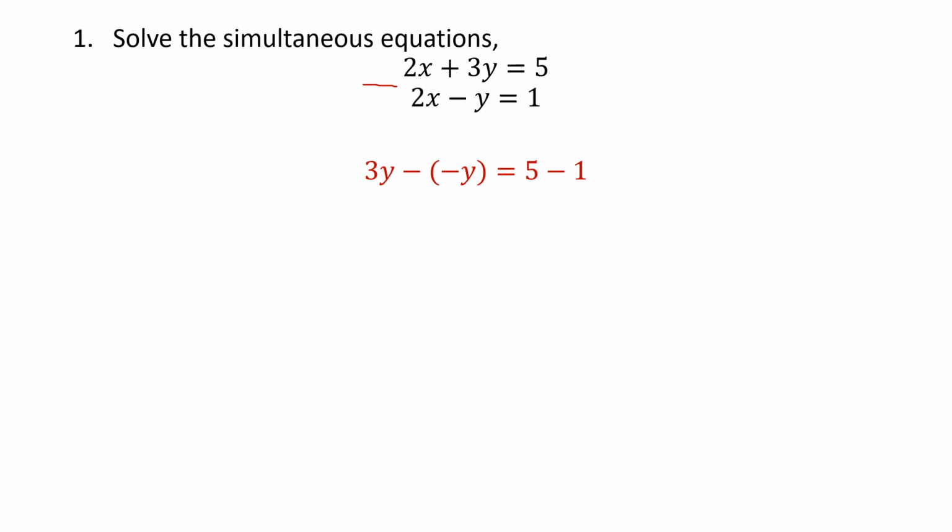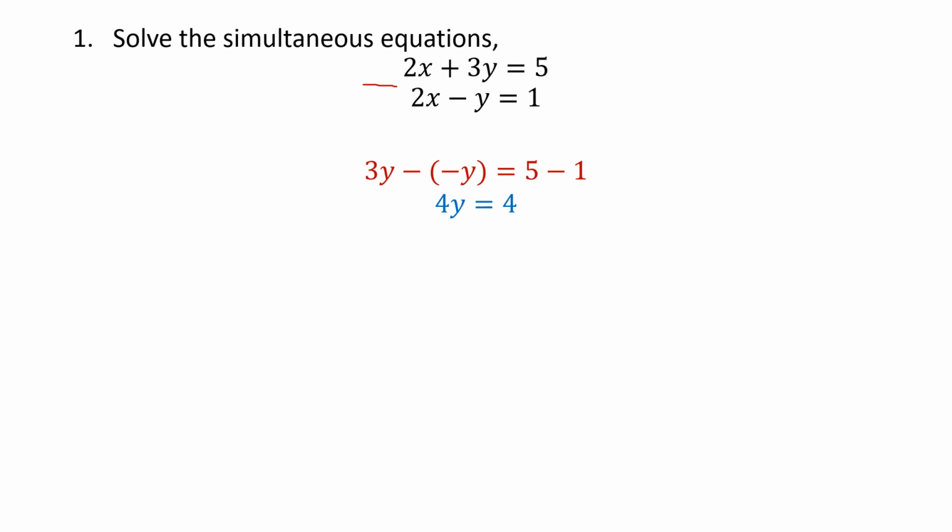Then I am now solving this new simple linear equation, right? So 3y minus y is 4y, and 5 minus 1 is 4. Right, now dividing both sides by the coefficient of y.